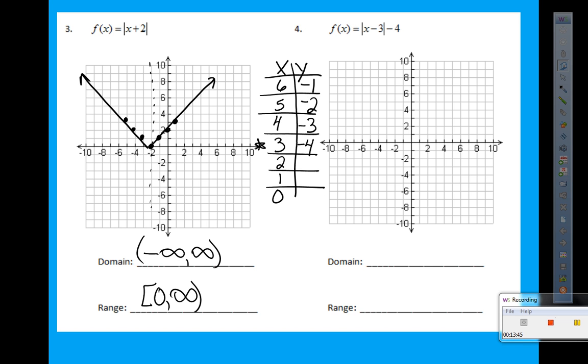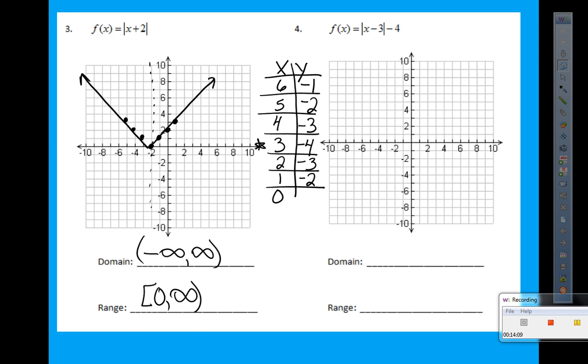Now be careful. 2 minus 3 is negative 1. But the absolute value of negative 1 is 1. 1 minus 4 is negative 3. 1 minus 3 is negative 2. But the absolute value of negative 2 is 2. 2 minus 4 is negative 2.